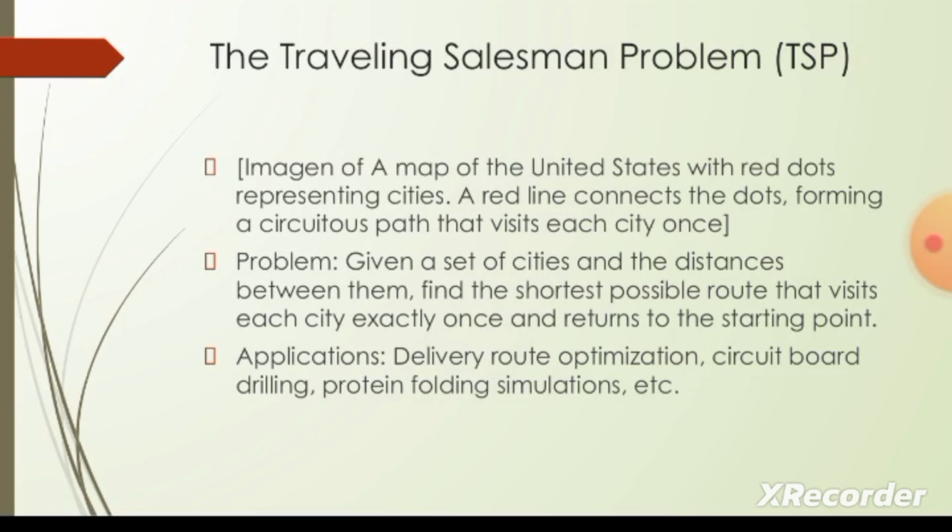So delivery route optimization, circuit board drilling, and protein folding simulation, etc. are applications of the traveling salesman problem. So traveling salesman problem is a classic example of an NP-complete problem.